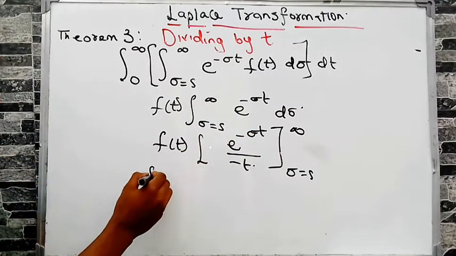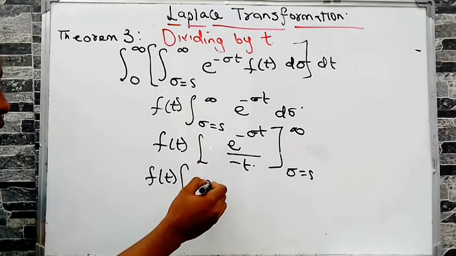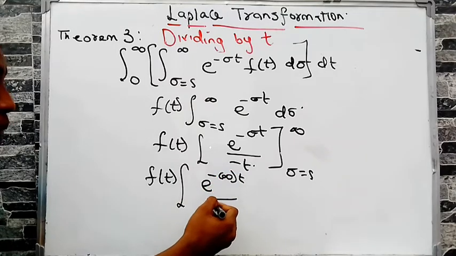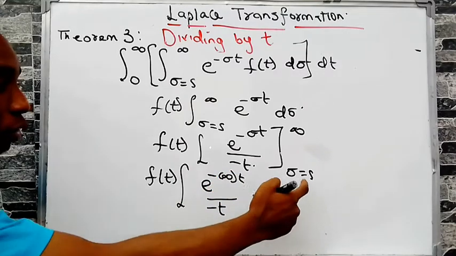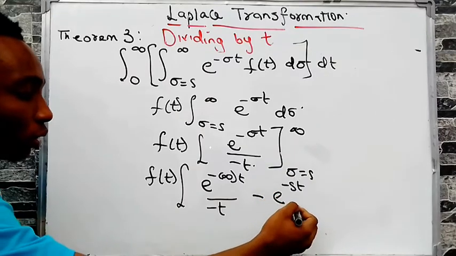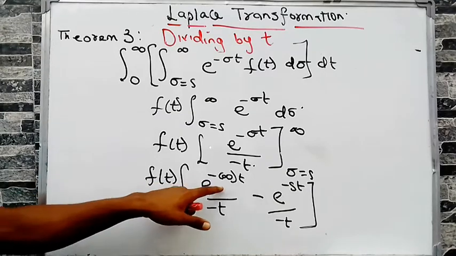So I'm going to have function of t, open bracket, exponential of minus infinity times t divided by minus t, and minus, putting s into this, we'll have exponential minus st divided by minus t, right? So the exponential of minus infinity is 0.